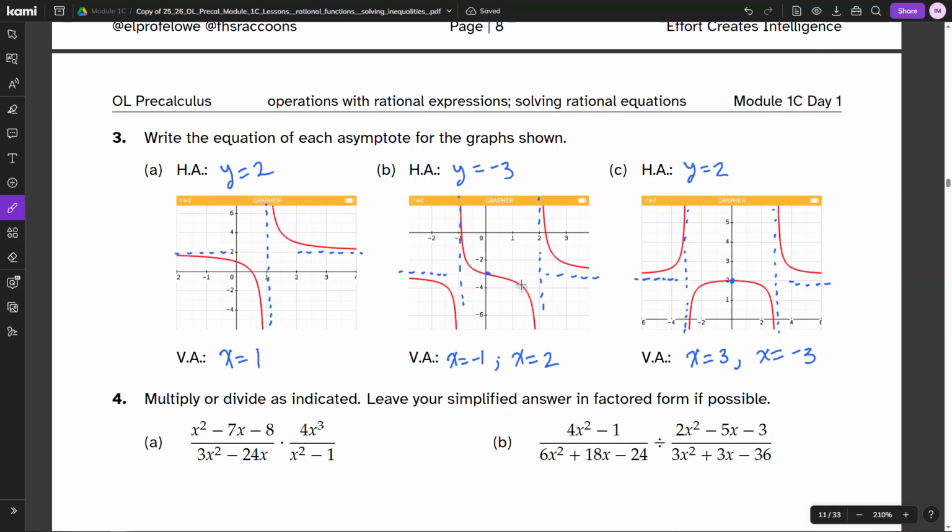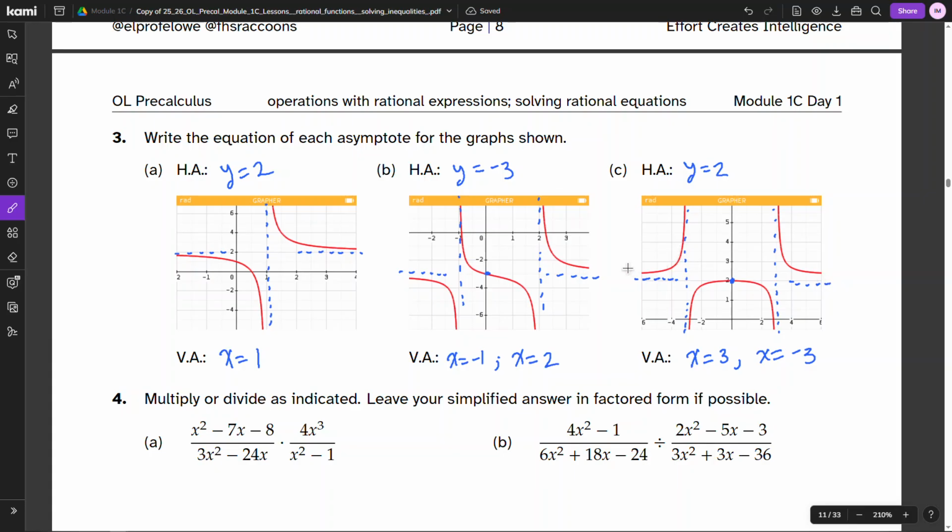Right? Now, I want to make the case very clearly here. The horizontal asymptote is what my function does at its end behaviors if it's horizontal, right? So on the right side, my graph seems to be flattening out and approaching this value of 2.